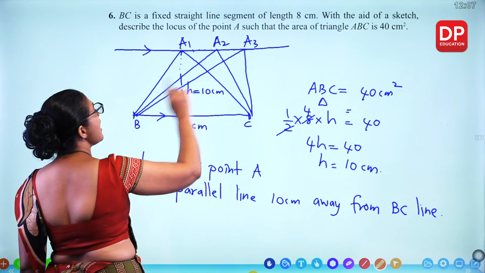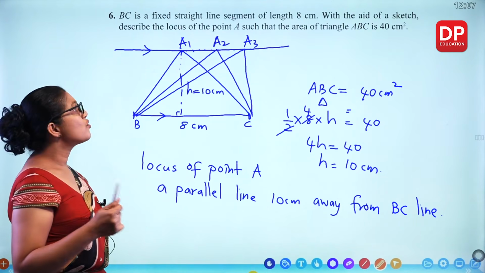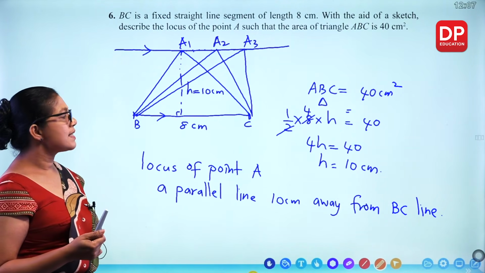So you can take any point on this line as A to get the area 40 square centimeters.